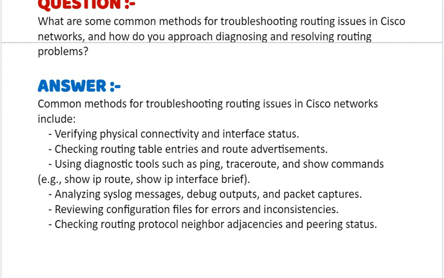Next point is analyzing syslog messages, debug outputs, and packet captures. Next point is reviewing configuration files for errors and inconsistencies. Next point is checking routing protocol neighbor adjacencies and peering status.